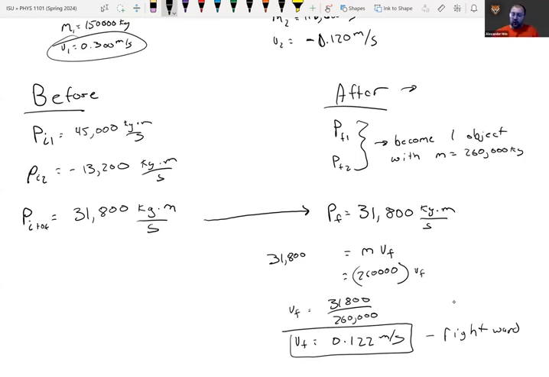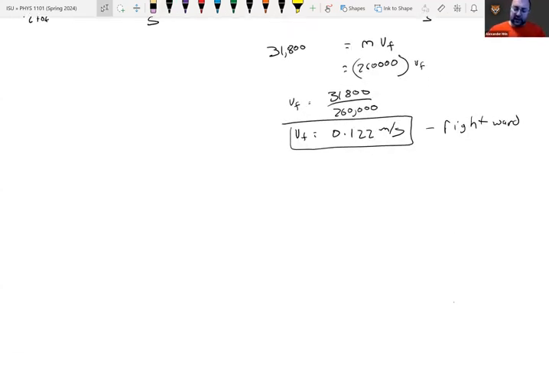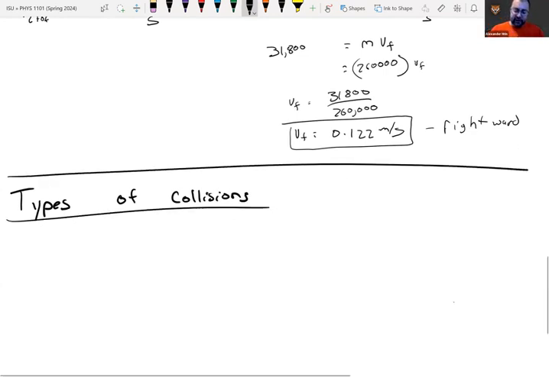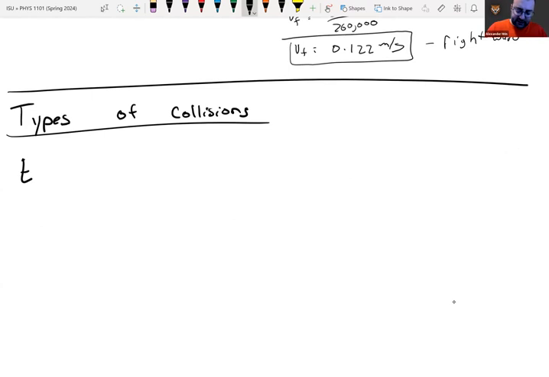Okay, now I want to get into types of collisions, because there are some different kinds of collisions. The first type I want to talk about is elastic collision.